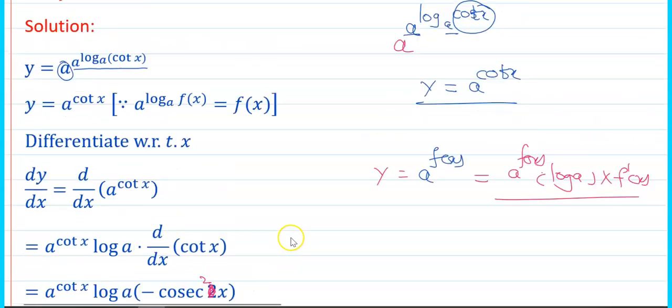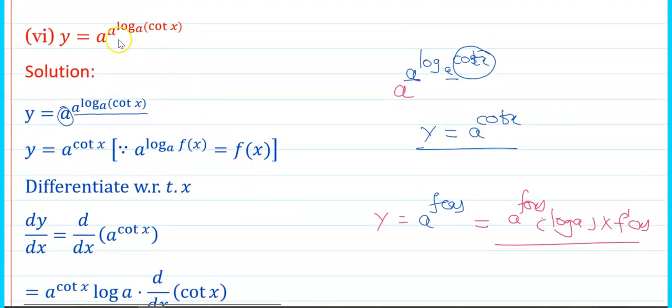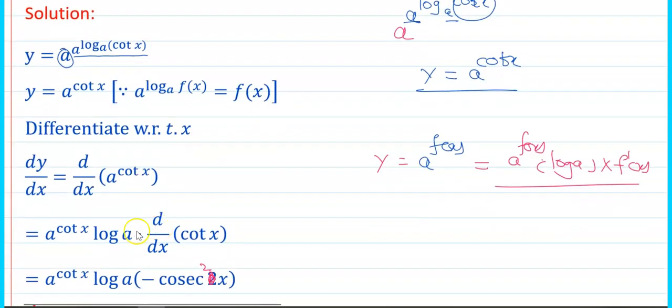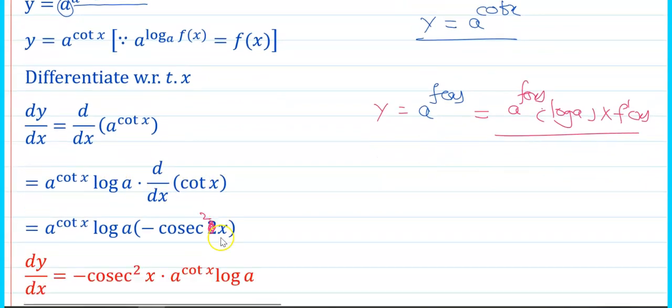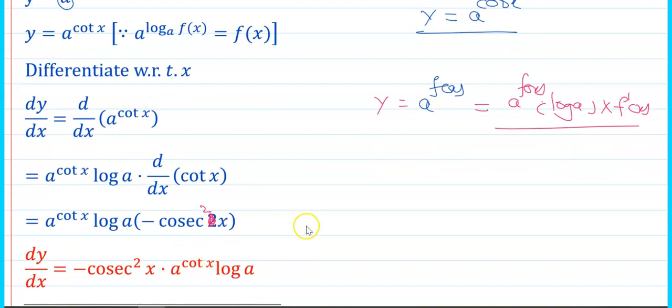Again you can see that the most important term is a raised to log of cot x to the base a, and its answer is a raised to cot x. Therefore its derivative is simple: a raised to cot x into log of a into d/dx of cot x, which is minus cosec square x, and then simplification.